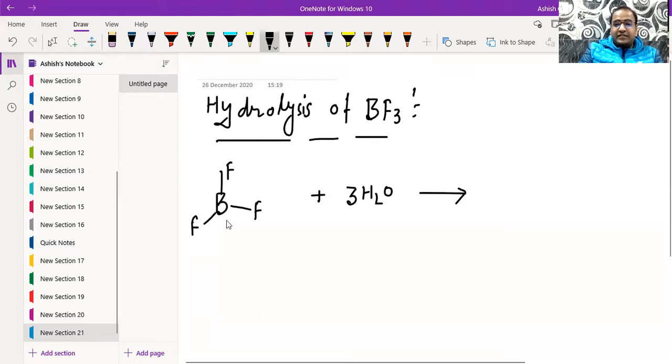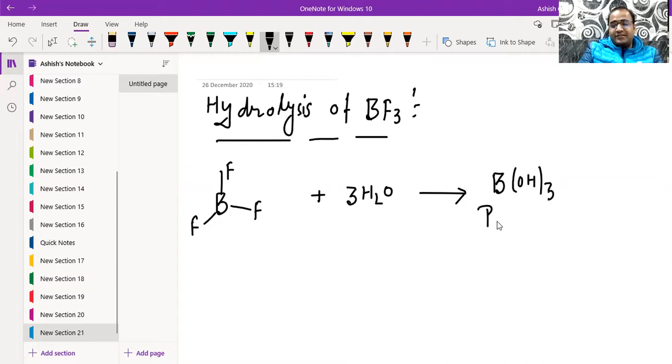How many delta positive charges are on the boron atom? That is 3 delta positive charge. What I will get is B(OH)3, that is known as boric acid. Listen carefully. Plus I will get 3 moles of HF.